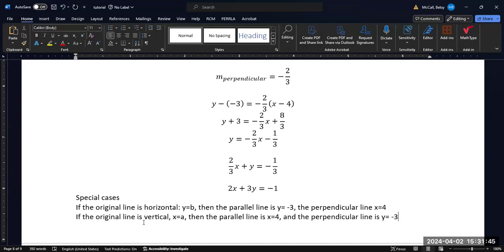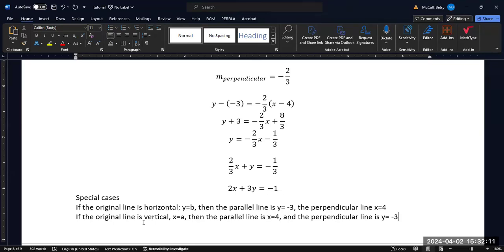So these relationships do somewhat fit the general model, but there are some arithmetic problems when you're dealing with vertical and horizontal lines and making them parallel or perpendicular. So it may just be worth remembering that horizontal lines, y equals whatever, don't necessarily go through the whole slope process.